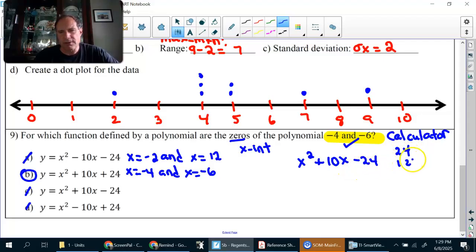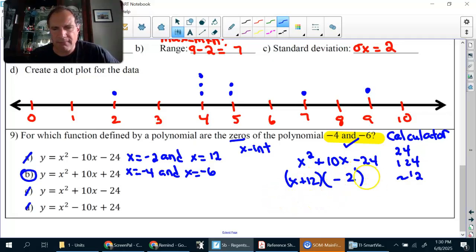So 1 times 24, no. 2 times 12, that works. So we're going to put 12 and 2. To multiply to a negative, one has to be positive and one has to be negative, and to add to a positive 10, it's 12 minus 2, and then equals 0.